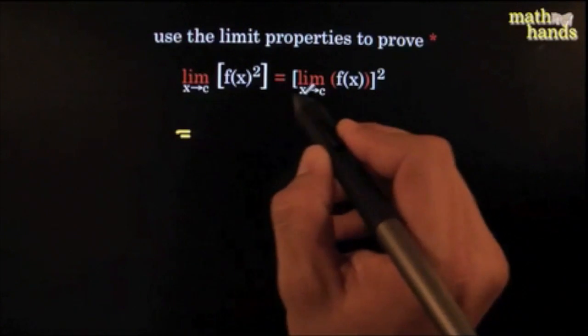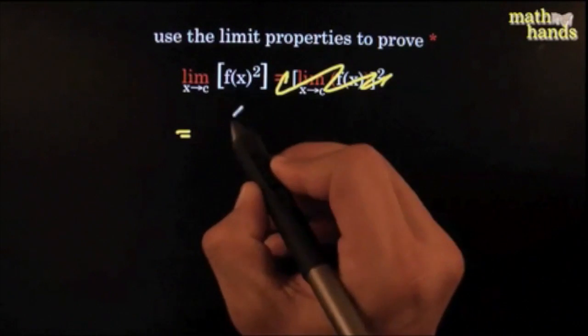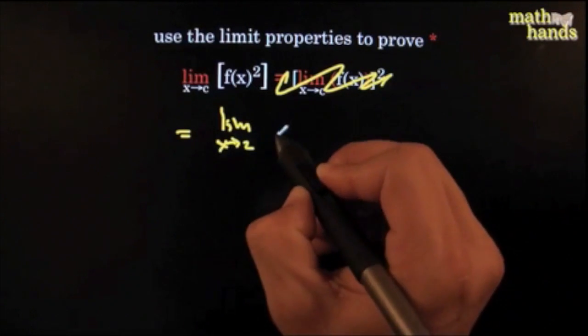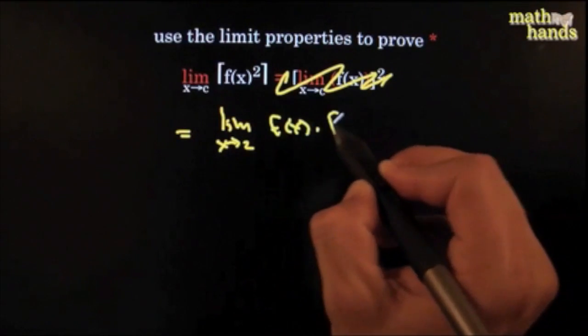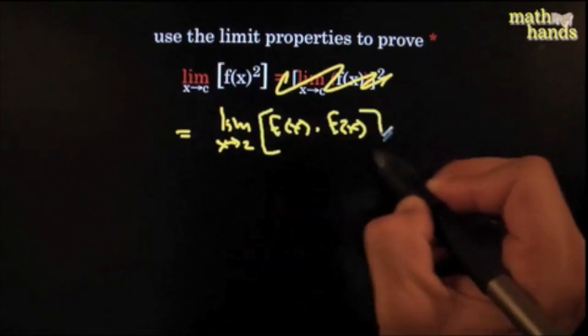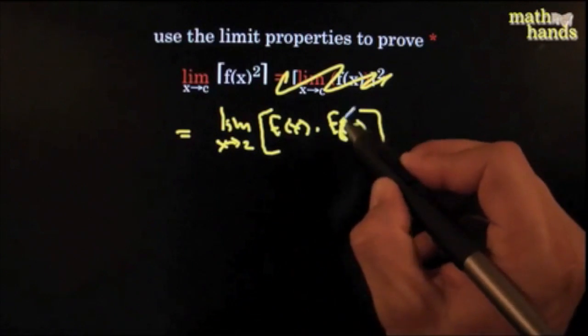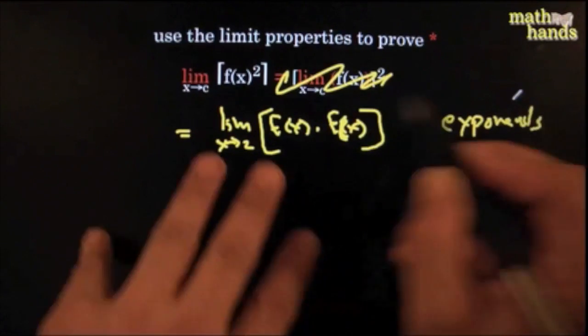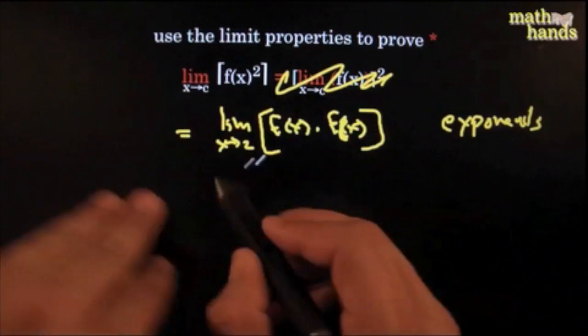That would be, let's start off with that side. That is equal to the limit as x goes to c of f of x times f of x, and at that point all I'm using is just the definition of exponents, meaning that the square right there means write it 2 times.